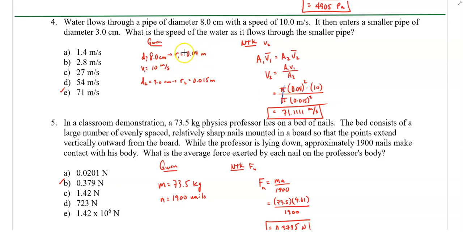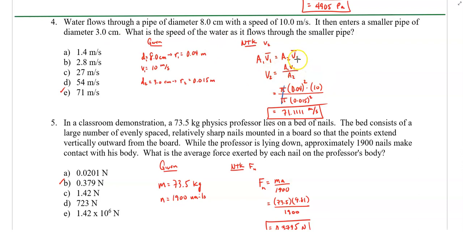So the radius of this pipe at the beginning is 0.04 meters, and the radius of the pipe at the end is 0.015 meters. And so the nice thing is, due to the equation of continuity, the product of the area times velocity, or in other words, the flow rate, at one position of the pipe is equivalent to the flow rate in another position of the pipe.